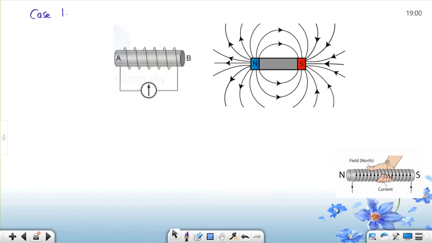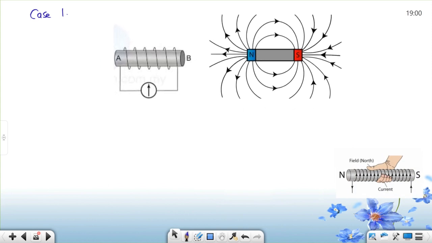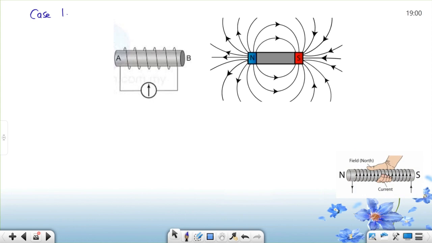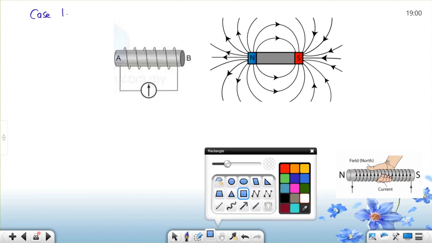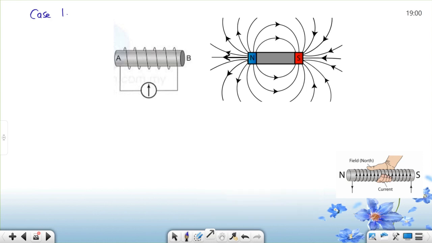Case 1 is you have a magnet here. Look at where the North Pole is and look at where your coil is. Now we want to determine a whole lot of things here. The direction of the induced current and the direction of what? Current. If this thing is stationary like it is right now, no current is produced. However, I want you to watch this. There is no current produced, but this field, do you see this field?